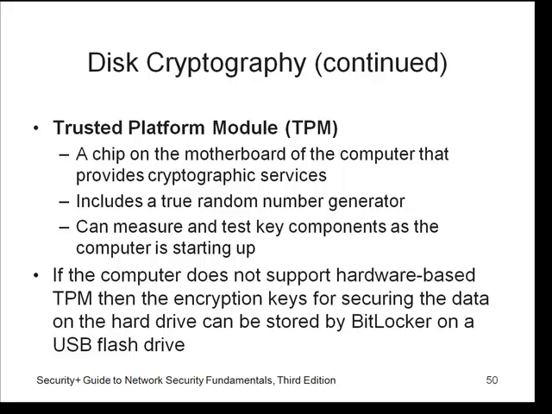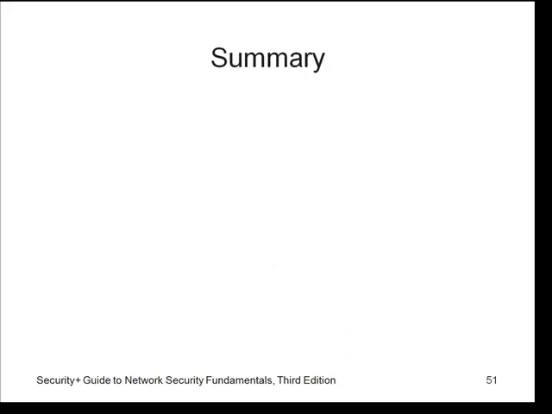If the computer doesn't support the hardware-based TPM, the encryption keys for securing the data on the hard drive can be stored by BitLocker on a USB flash drive. So if you have Vista or Windows 7 and you want to do this and you don't have a machine that has the Trusted Platform Module, you can use a flash drive to store the keys.